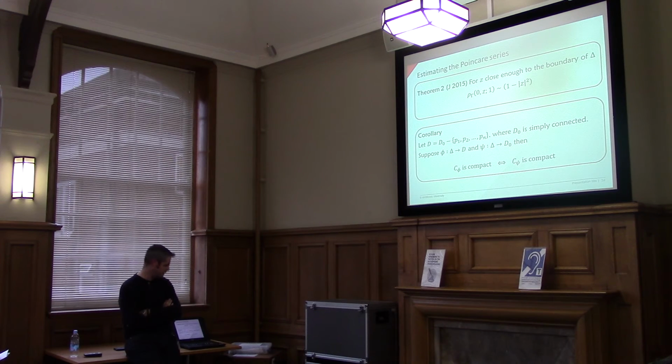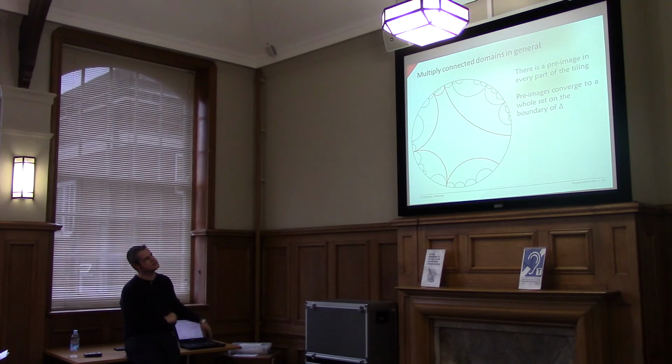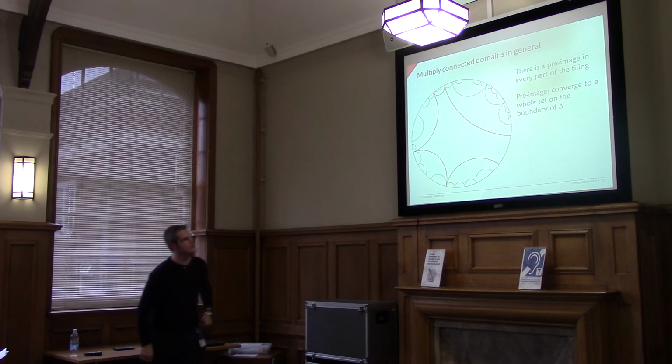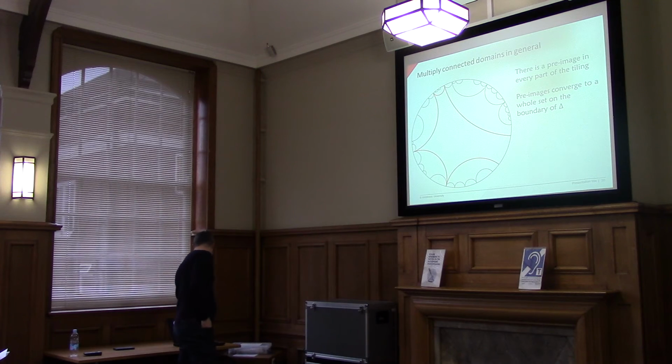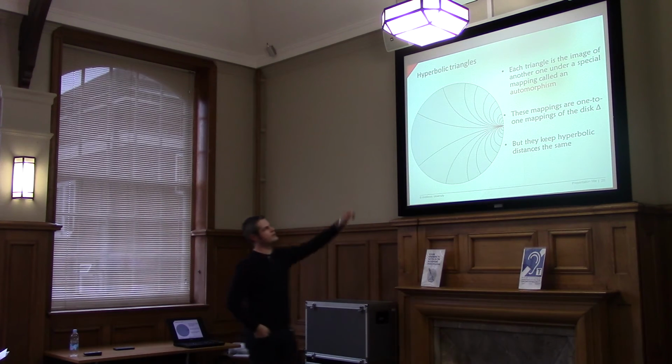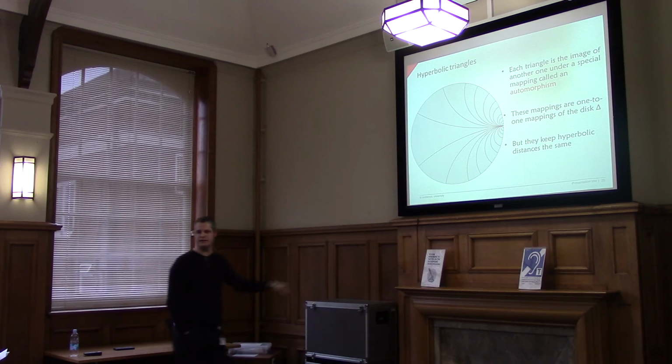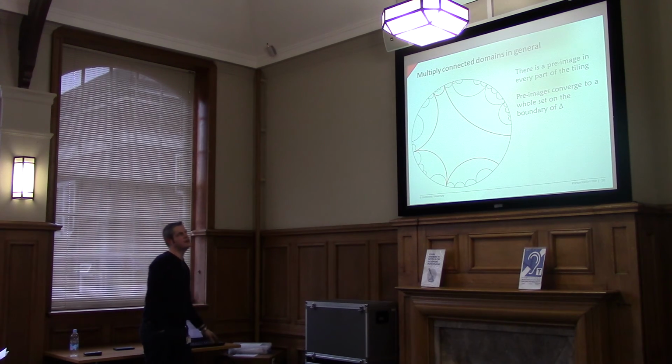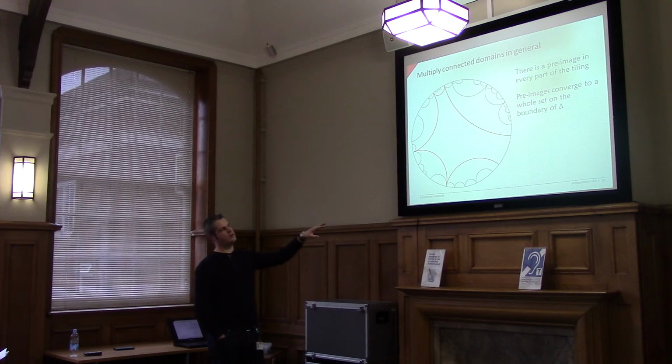The other thing I didn't mention was where I talk about the limit set. In something like this, the red domain is being mapped into every single other one. So points in this one don't converge anywhere on the boundary, they converge to a whole big set on the boundary. In the example of this one, every point converges to 1, no matter where you are, because there's 1 in every one of those domains. But things like this converge to a whole set on the boundary.